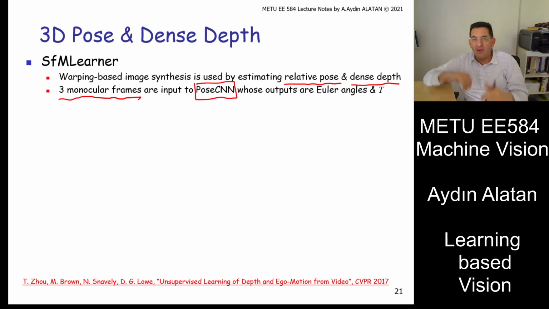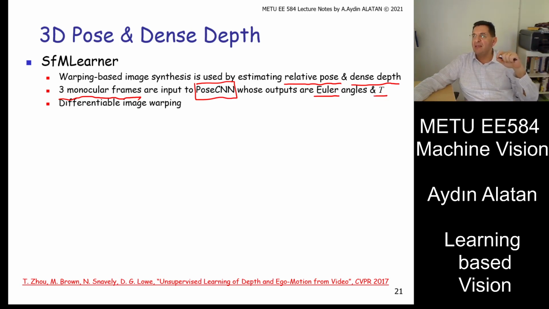The only thing you know is images. This pose network is creating angles and translation. In the meantime, there is a differentiable image warping, which means after doing the warping, we will differentiate and try to propagate the error that we have.